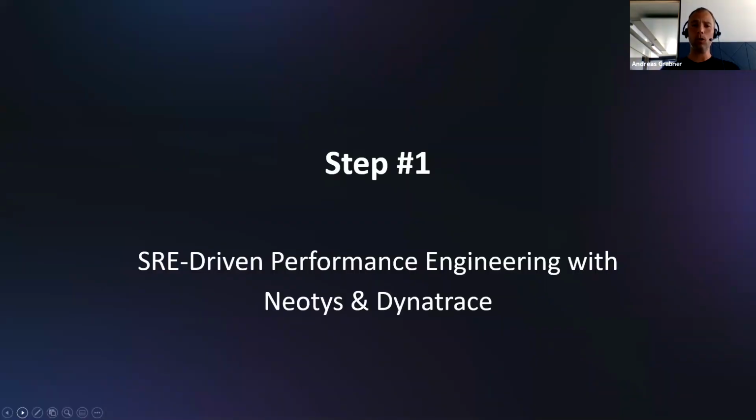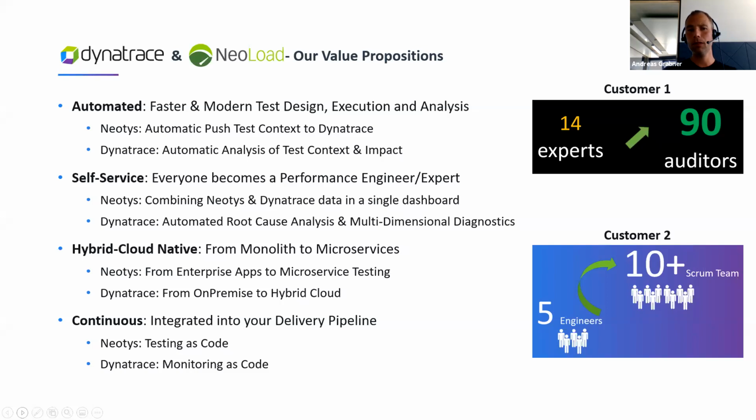Now, step one is SRE-driven performance engineering. The first step before we go to the full automation in the pipeline is just making performance engineering easier. And this is where over the last couple of years, Henrik, your teams, our teams have worked very closely together to integrate our products to really enable our customers to break these COE walls and enable more people within the organization to become performance experts.